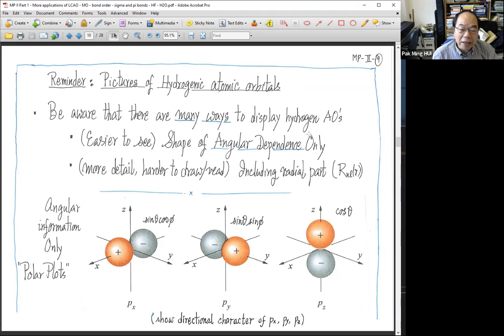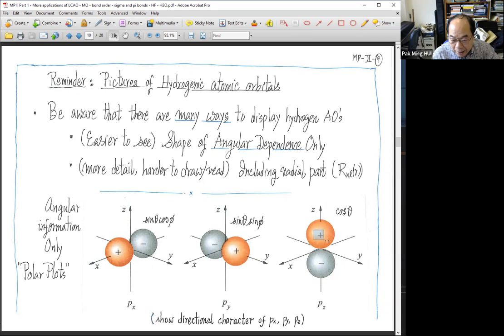For example, the easier way is just to display the angular dependence. What I mentioned about cosine theta, sine theta cosine phi, sine theta sine phi. So in that way, you will see the p orbitals like px here, py here, and pz here.